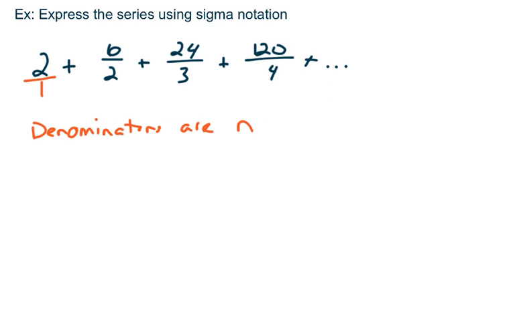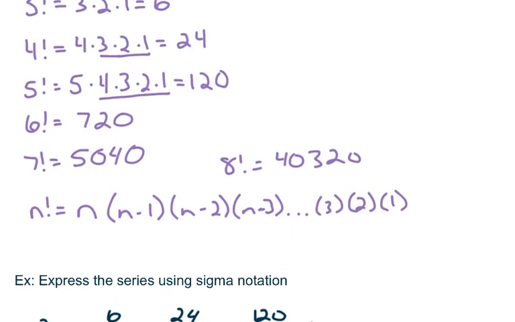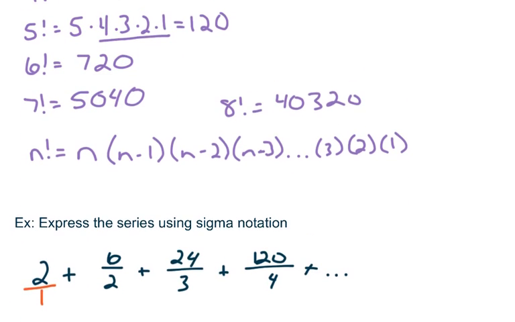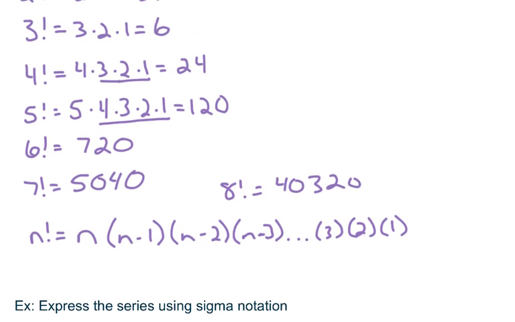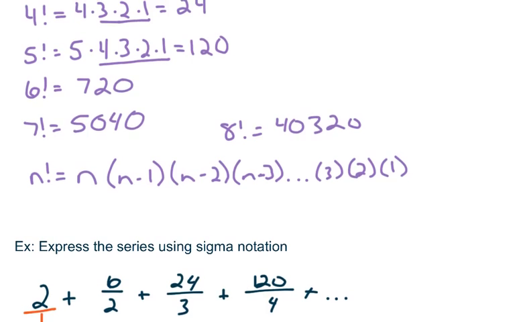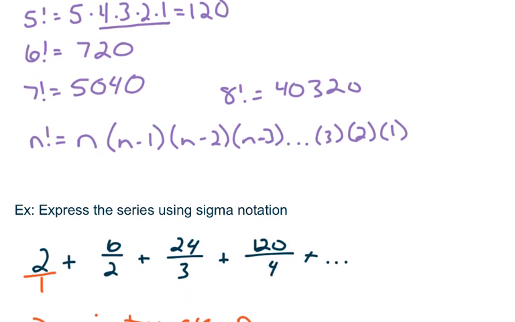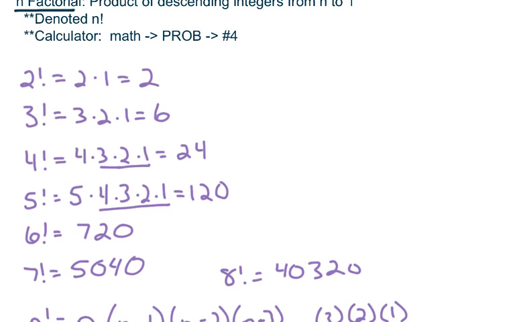The numerators, let me switch to purple here, are, well, the first term looks like it would be 2 factorial, the second term looks like 3 factorial, the third term is 4 factorial, and the fourth term is 5 factorial. So each term is the next number up factorial. The first term is 2, which is 2 factorial.